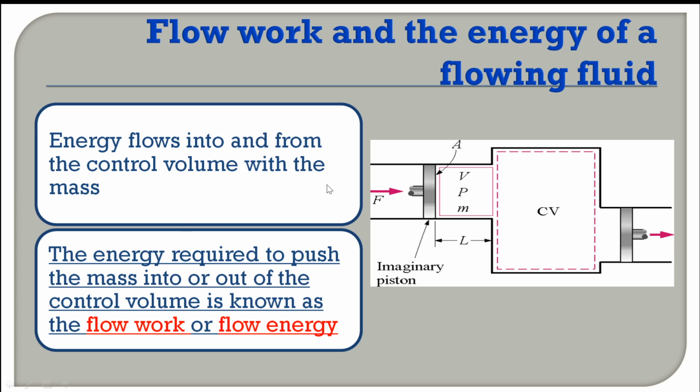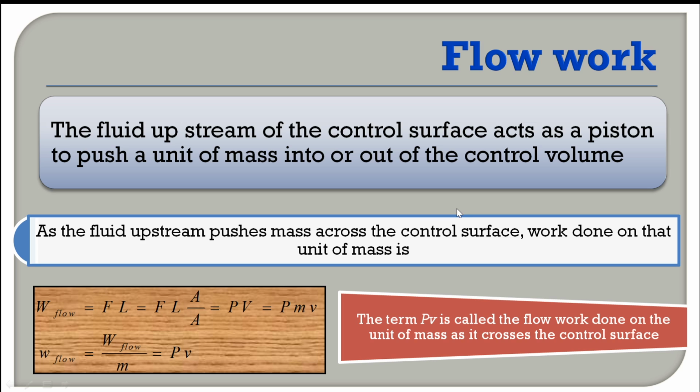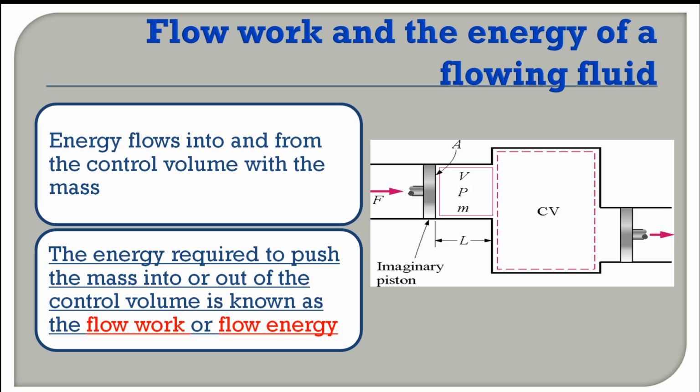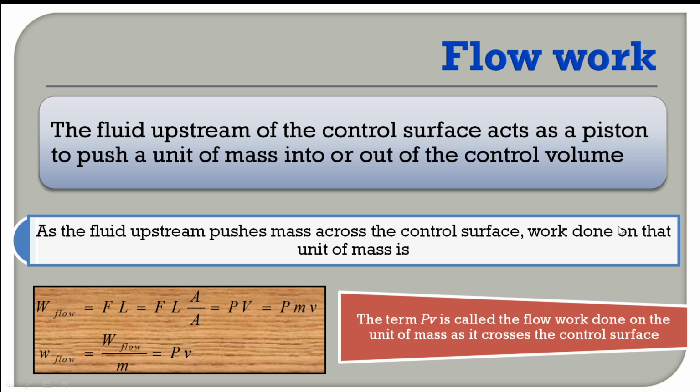You can see here. So this fluid just before this control surface will act as a piston and will push the mass into or out of the control volume. On the other side also it will happen the same way. Here also the mass inside the control volume will push the mass away in the opening.